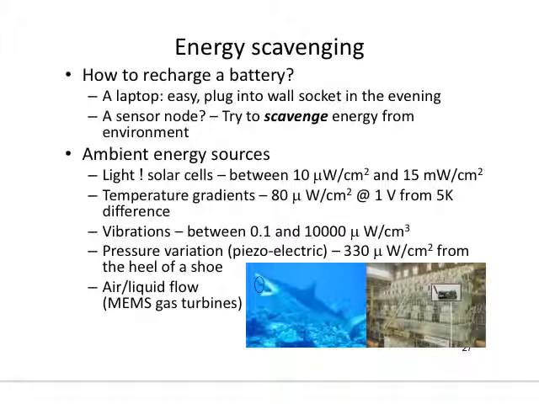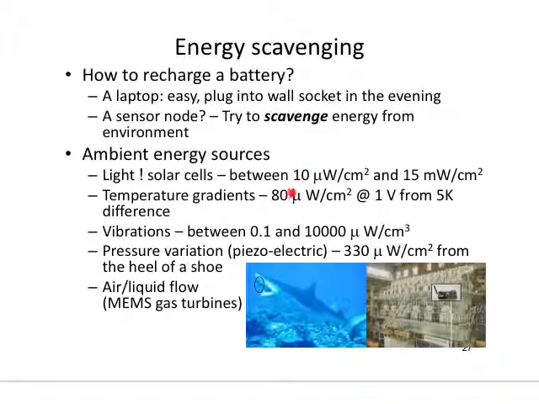So if you have a two-dimensional area with a specific temperature, and this temperature changes, then you radiate some energy which corresponds to 80 microwatt per centimeter squared. Of course, if you want more power, in that case, you need to increase the area, right?